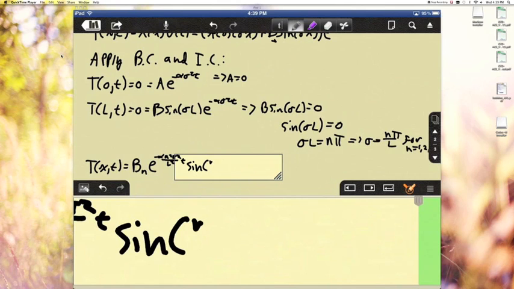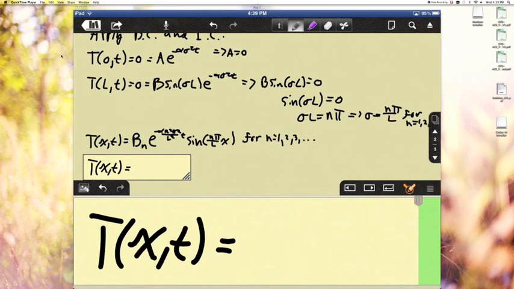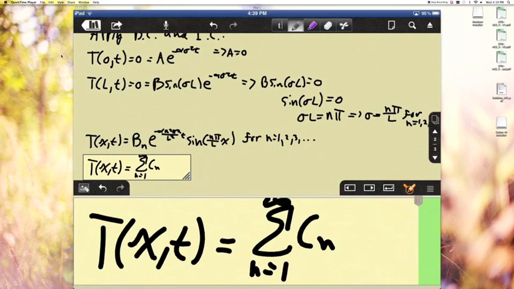We can actually rewrite this in terms of an infinite sum. We can rewrite this as T X of t equals the sum from n is equal to 1 to infinity, and we're going to now call this unknown constant c sub n. We multiply that by our n number of X of t solutions.